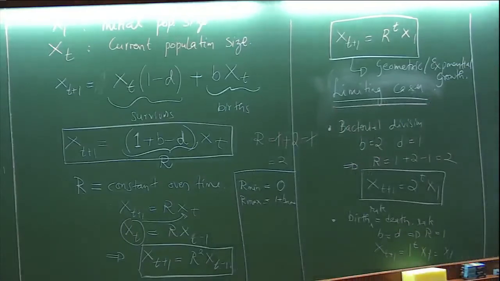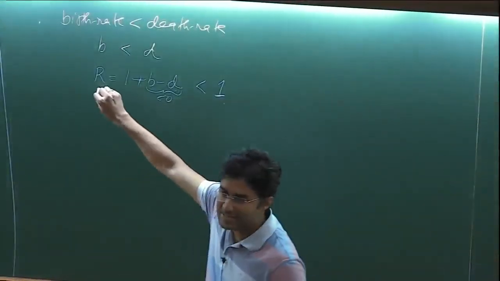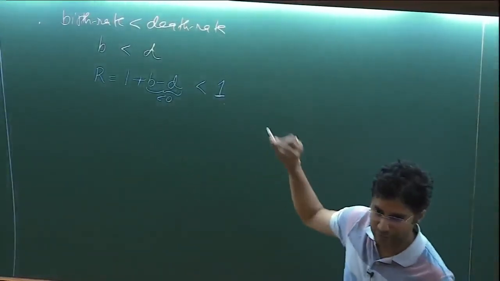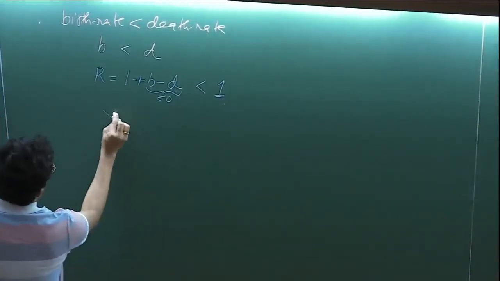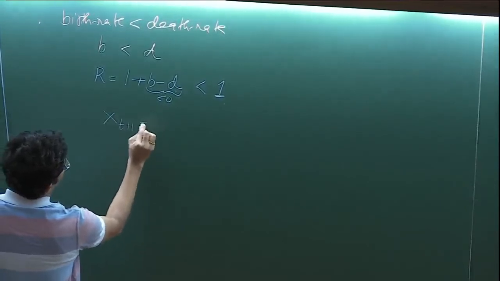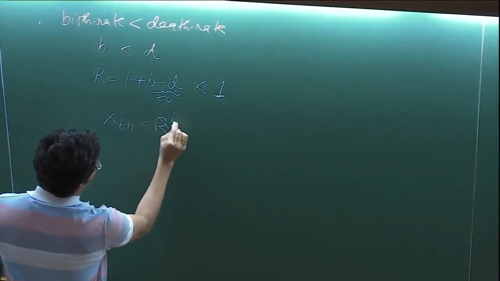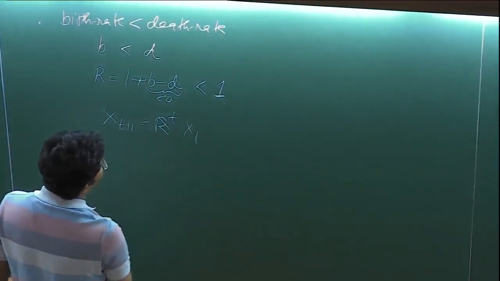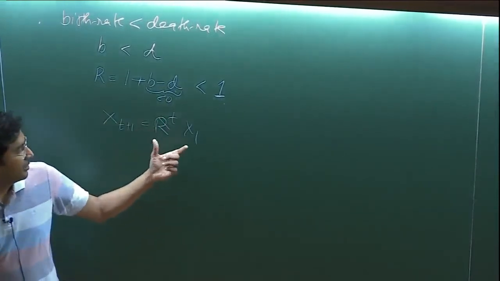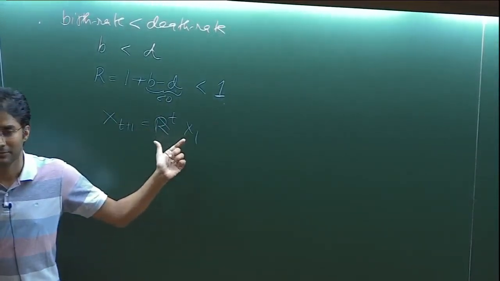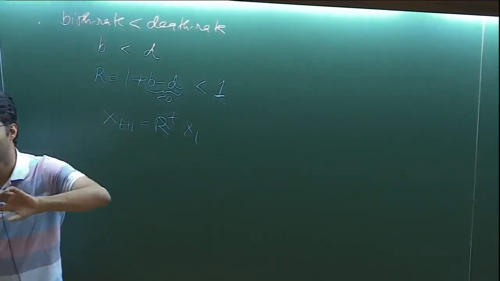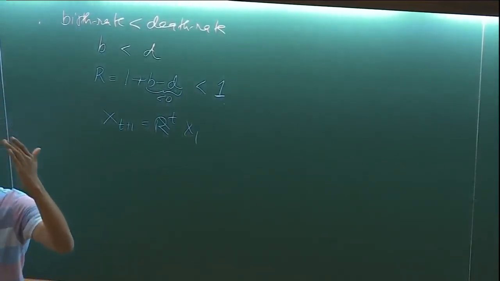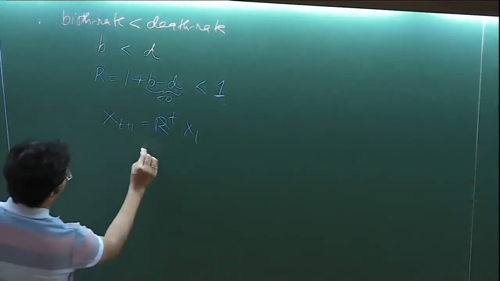Okay, so R is less than 1. Of course, R still has to be greater than 0. So in that case, what happens to this equation? In the limit of R less than 1, R power t, something less than 1 raised to a large number, will always go down.